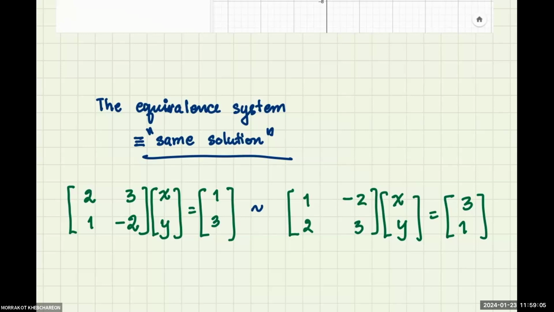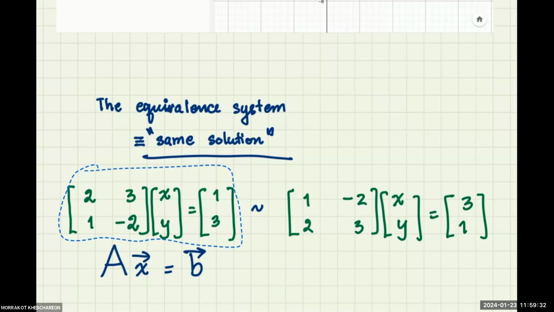Now I also want to simplify my notation. From this one, we have the system, the matrix A times vector x equal to vector b, okay? And since we know that the unknowns we want to solve are x and y, instead of writing Ax equal to b, I will write down A and b.